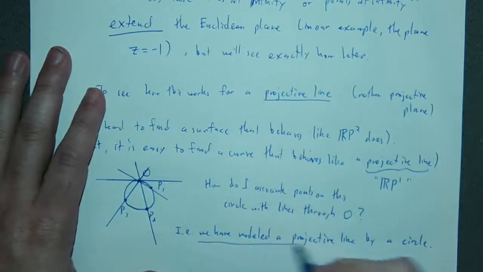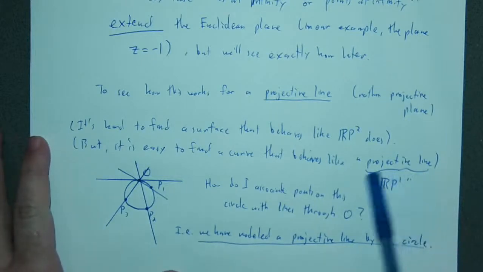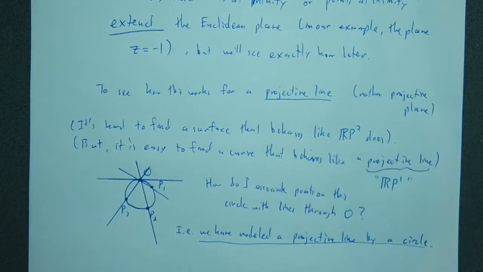Okay, we've modeled a projective line by a circle. And as we'll see in a little bit, probably not today, probably next time, this RP1 can be thought of as just an alternative definition of a circle in some way. We'll see exactly how that works once we bring it up.